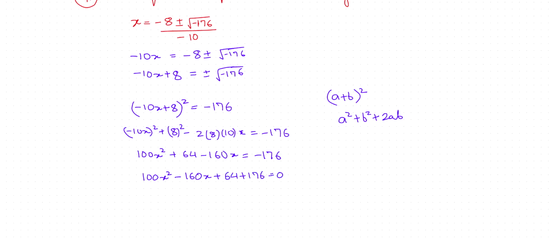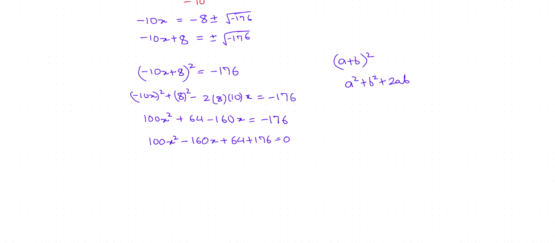So we will get 100x square minus 160x plus 240. Now simplifying this, dividing everything by 20.